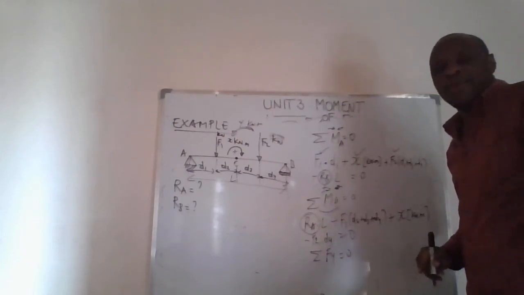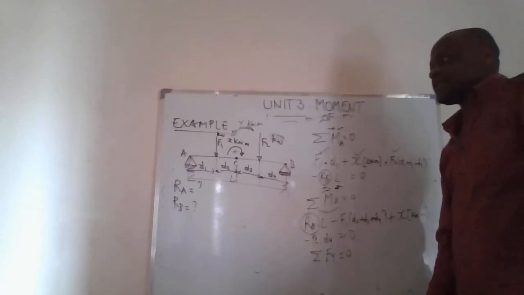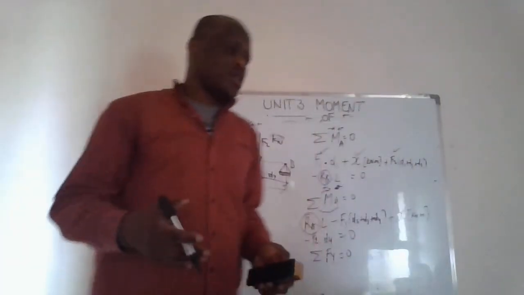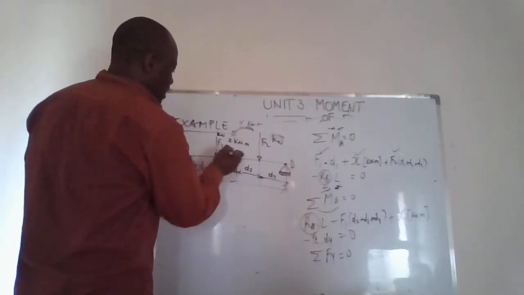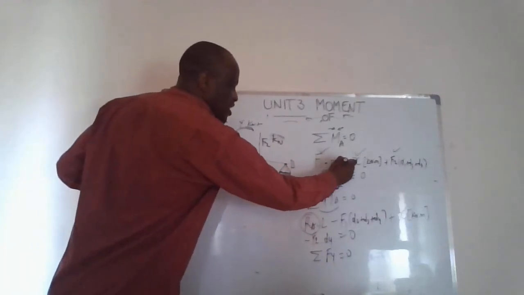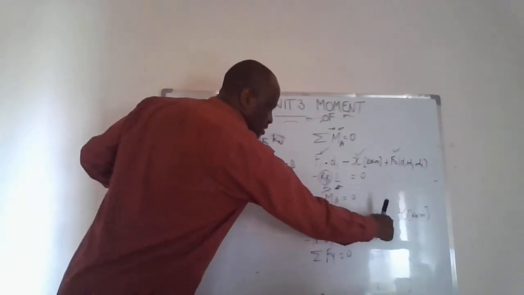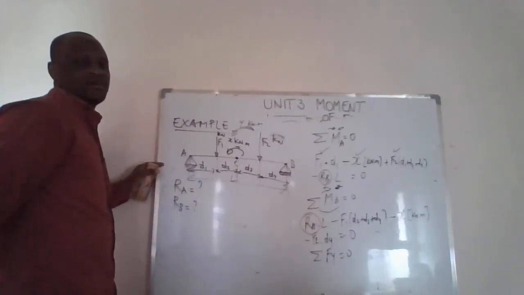That's what we need to remember whenever we have an applied moment. It's a case that we can come across. If it was in this direction, the sign would have changed in both equations, because the moment is already defined as a negative moment.